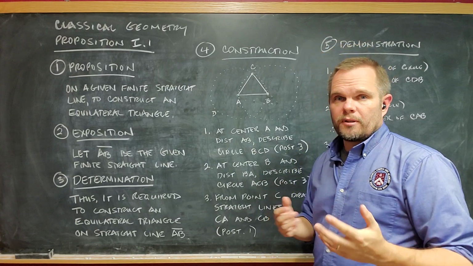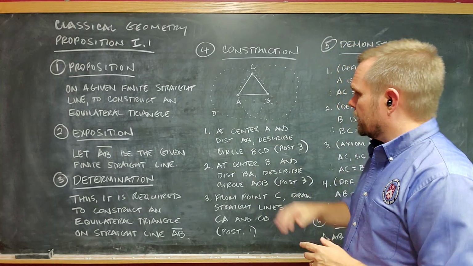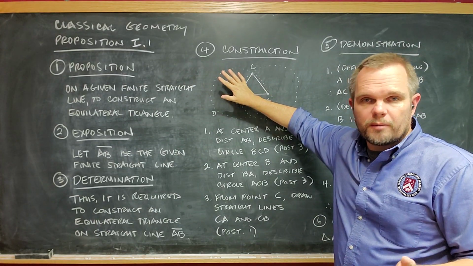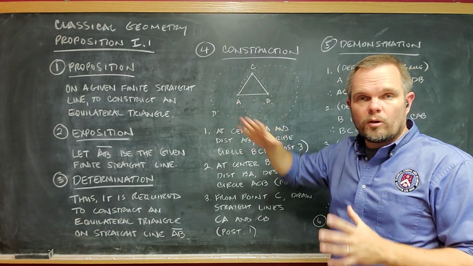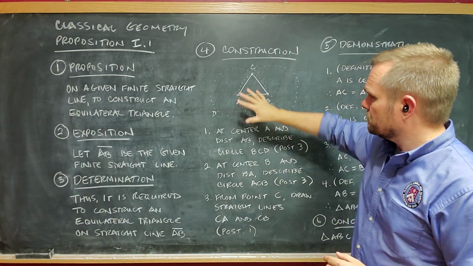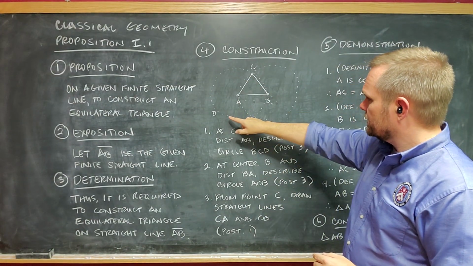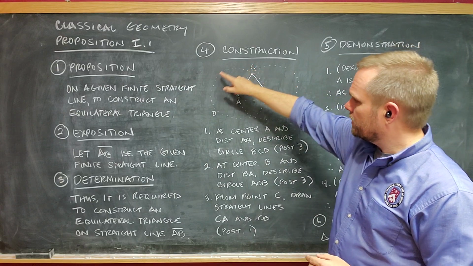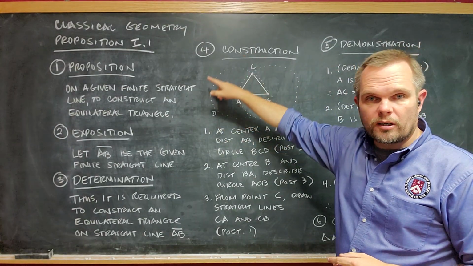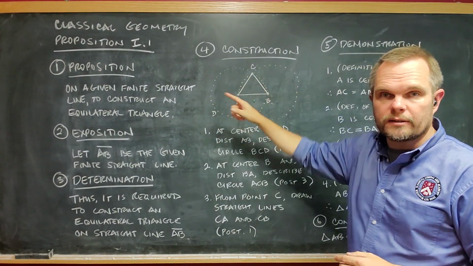A circle is a plane figure comprehended by one line. So by plane, we mean, to put it simply, flat. Okay, it only has length and width. There's no height or depth. So it's a plane figure, and it's comprehended by one line. That one line is what we call the circumference, the line of the circle itself.